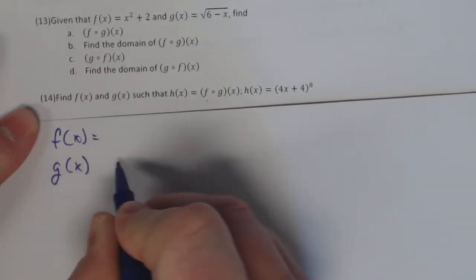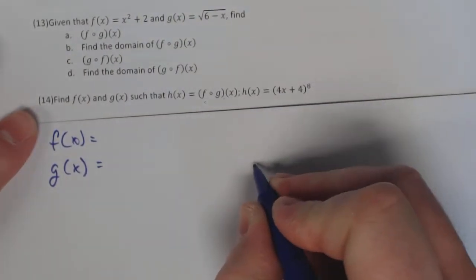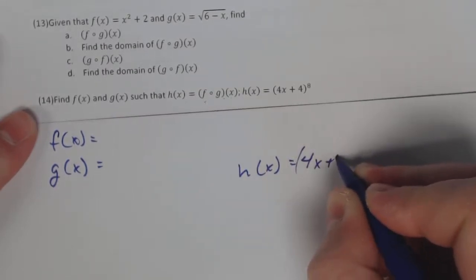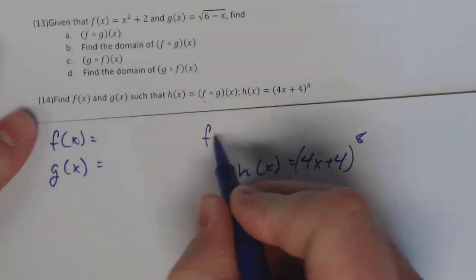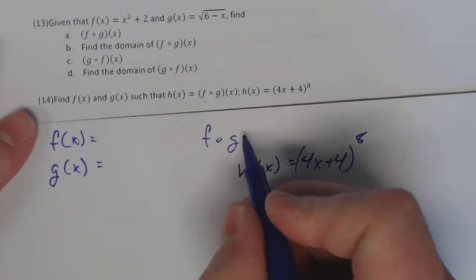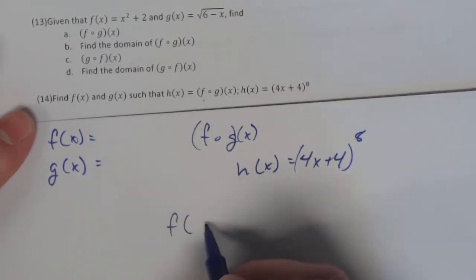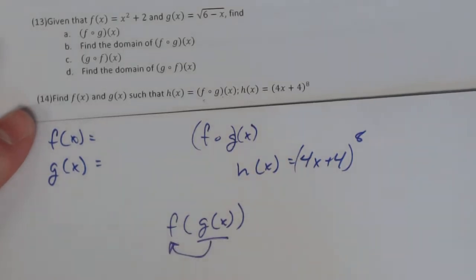What do f of x and g of x need to be to give you this guy right here? And it has to be f composed of g of x. So it's f of g of x, so g of x goes into f.